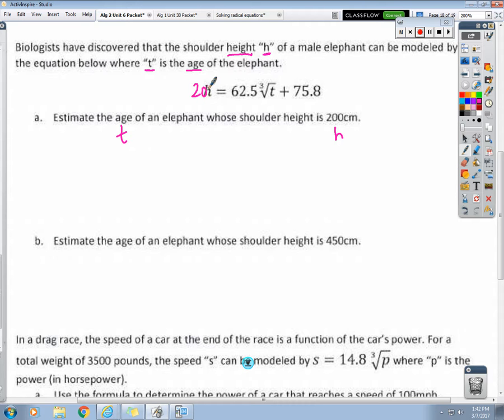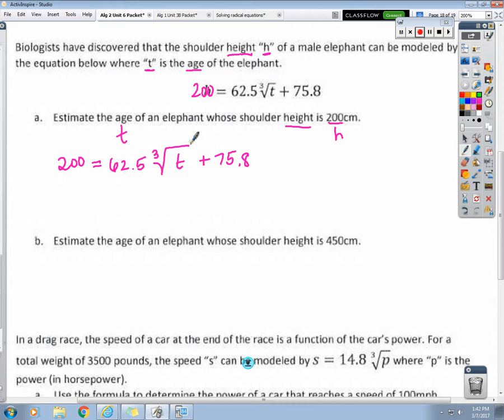Okay? So 200 equals 62.5 times the cube root of t plus 75.8. Okay, so all I've done so far was rewrite the equation they gave me, but I had to understand that they gave me the height of 200, so 200 goes in the h place. Now I just solve it. To solve it, what would I do first?